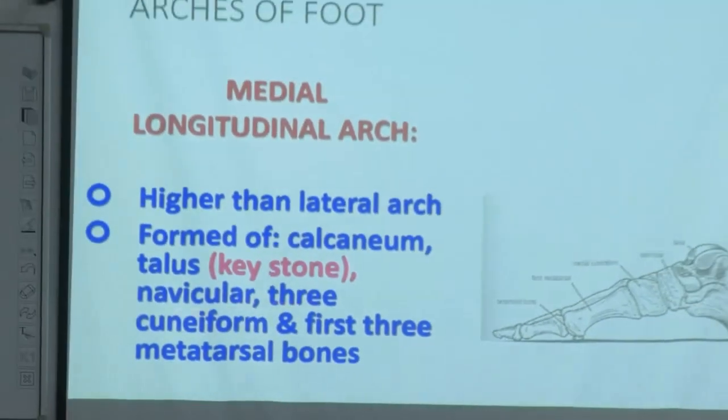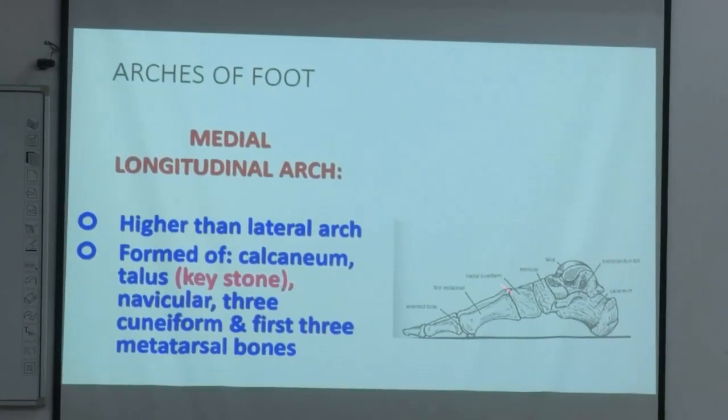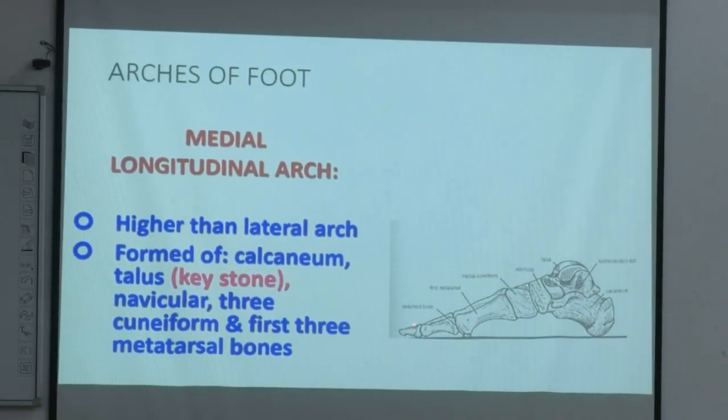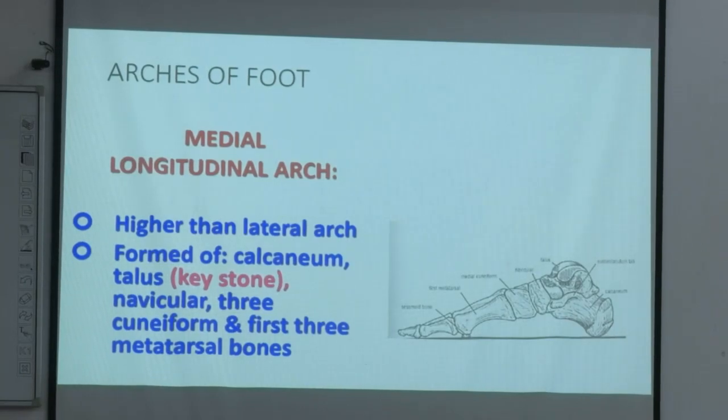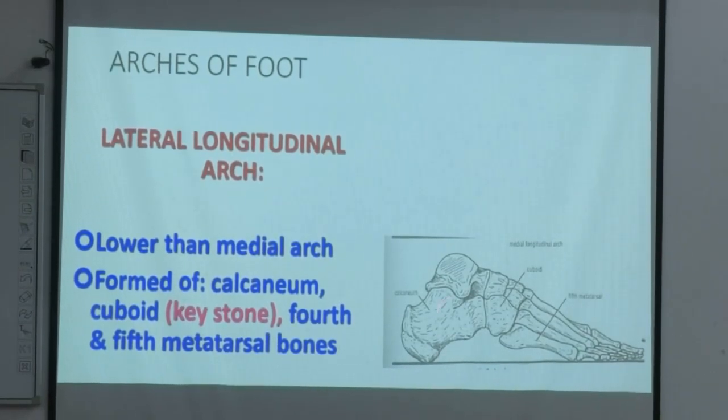so the medial longitudinal arch is higher than the lateral arch, formed by calcaneum. Talus is the keystone, navicular, three cuneiforms and first three metatarsals. Next, now the lateral longitudinal arch, it is lower than the medial arch. This is viewed from the lateral aspect. It is formed by calcaneum.